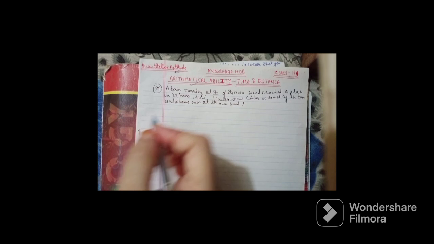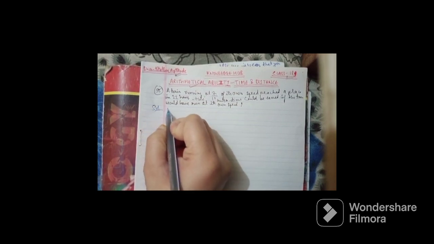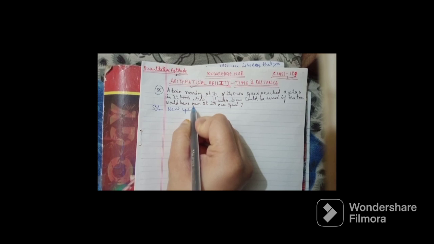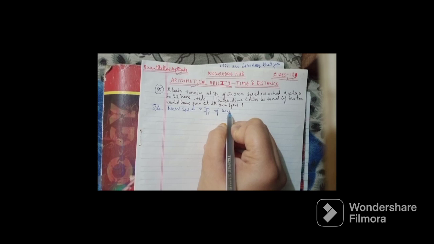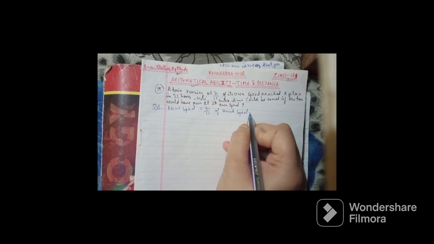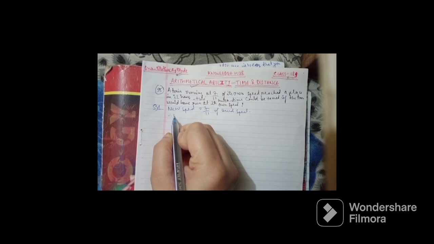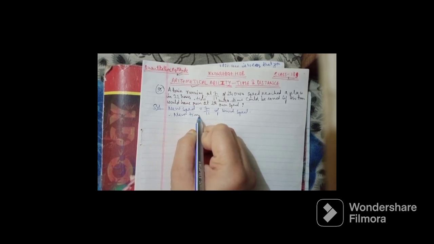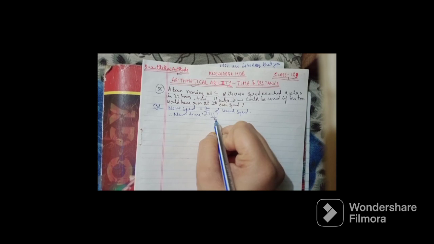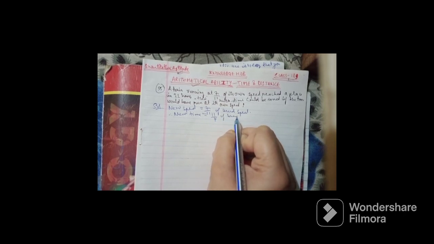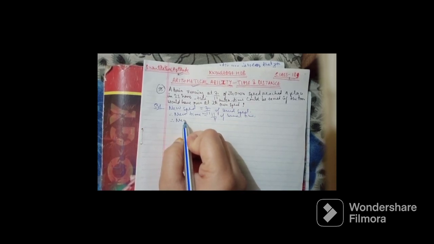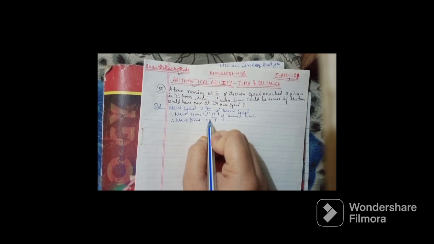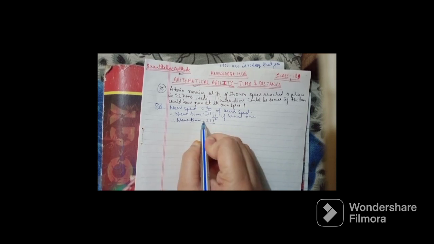So the new speed equals 7 by 11 of the usual speed. New time is 11 by 7 of usual time, that we had done.